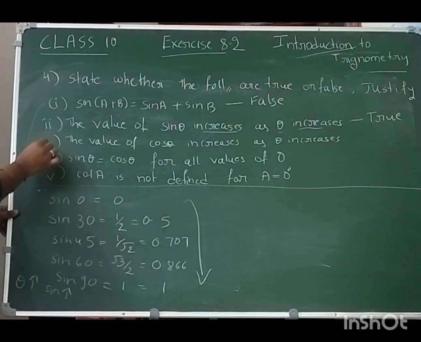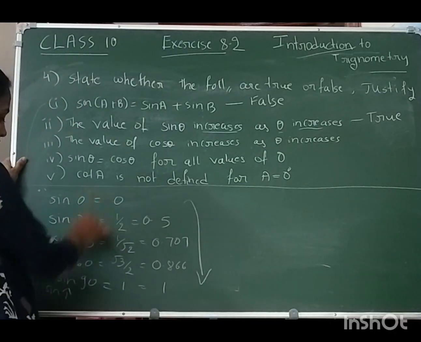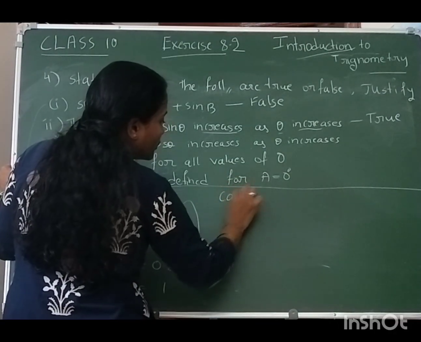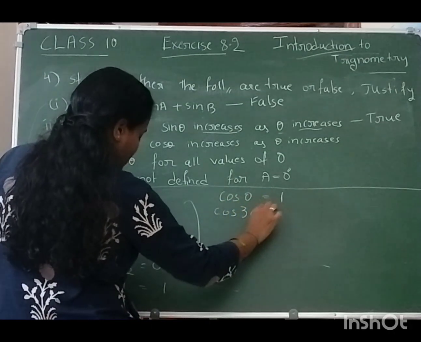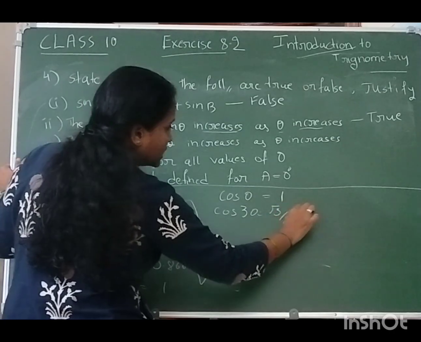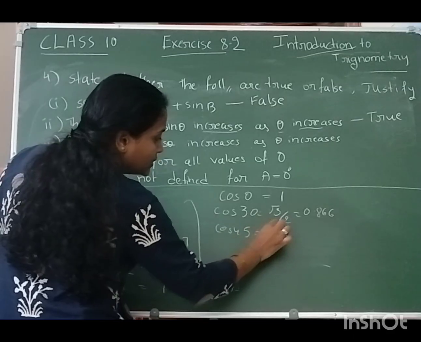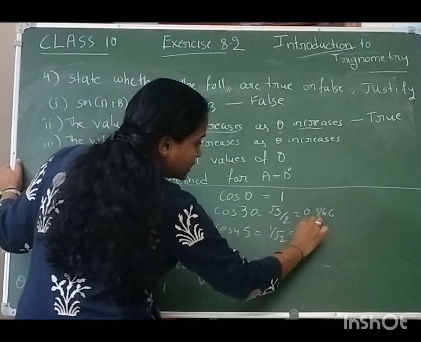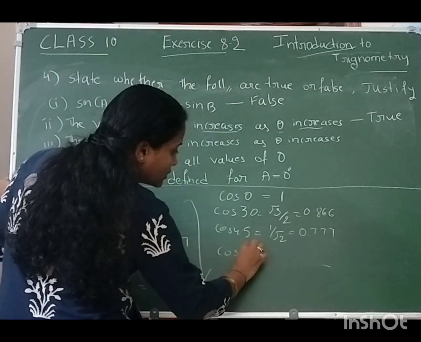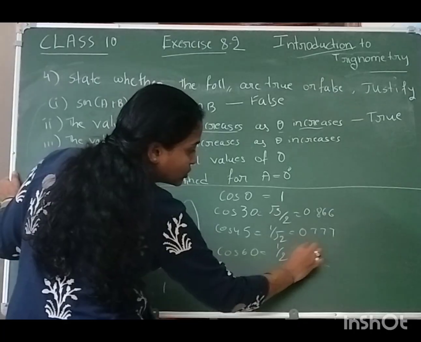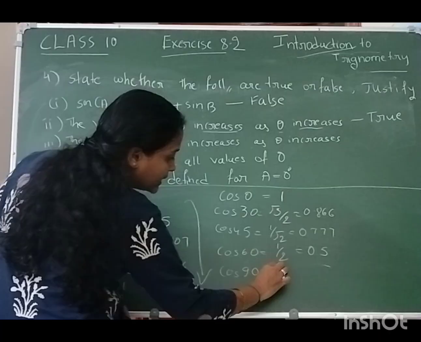Next, we'll take the third question. That is, the value of cos theta increases as theta increases. We'll do the same procedure for that also. So cos 0 is 1 and cos 30 is root 3 by 2 with a decimal value of 0.866, and cos 45 is 1 by root 2, which is equal to 0.707, and cos 60 is 1 by 2, that is 0.5, and cos 90 is 0.